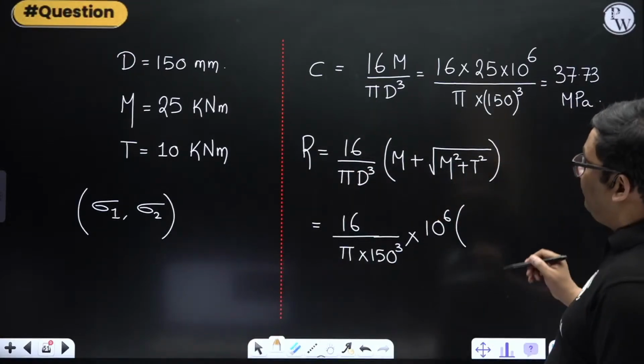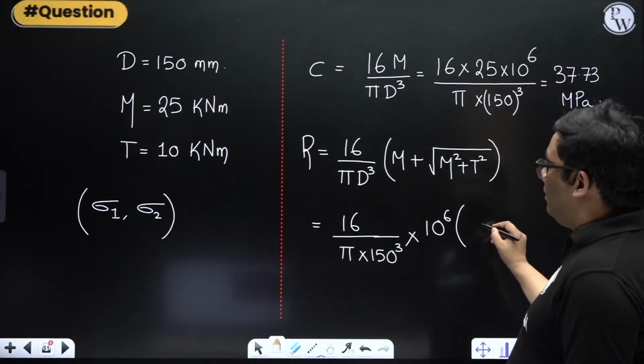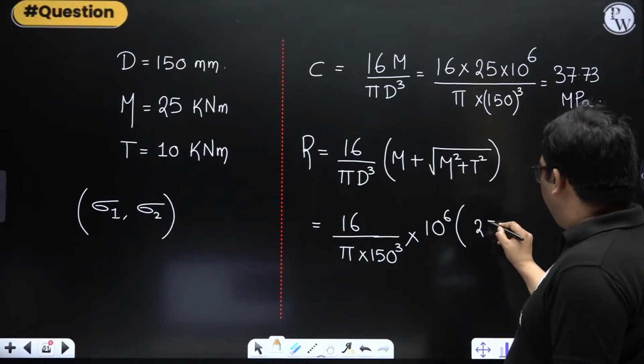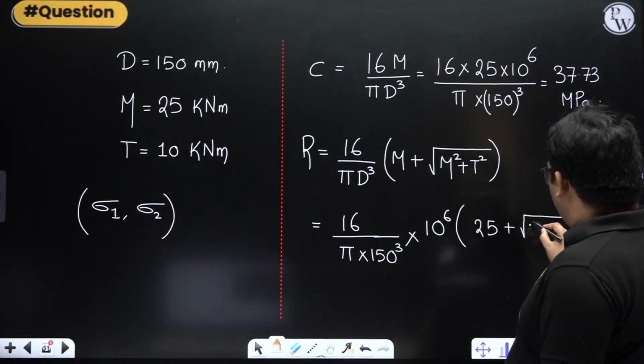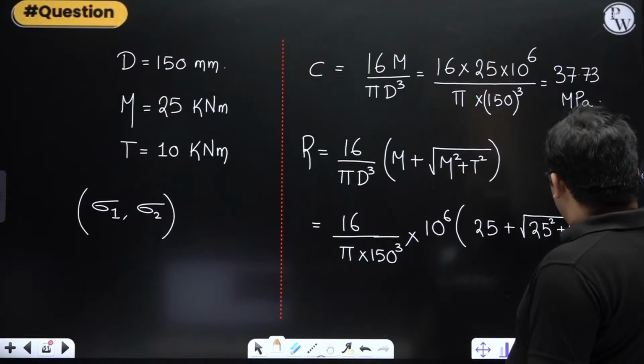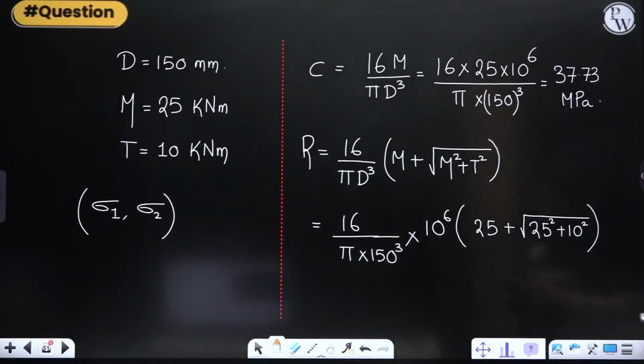Then it will be 25 plus root under 25 square plus 10 square, times 10 to the power 6 into 16 divided by pi, further divided by 150 cube.